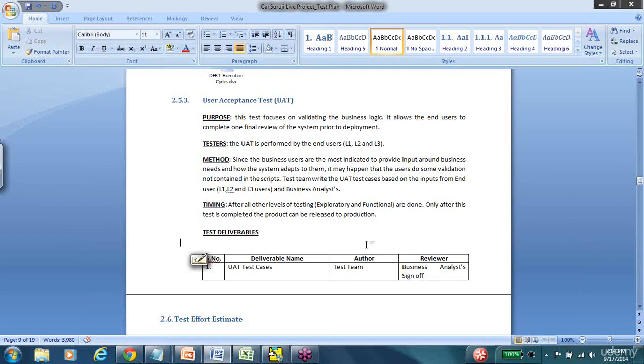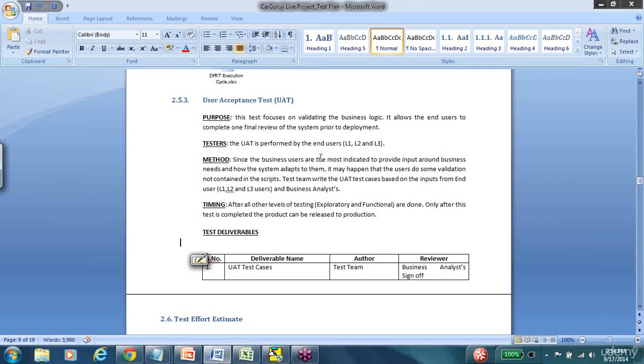Second is the QA team will always have a part to play in the UAT, which means we will have to plan for the activity that we are going to do. So either way, whether the UAT team is equipped enough to plan their activity by themselves, we still have to plan it. So that is why UAT planning is an integral part of your test planning activity.